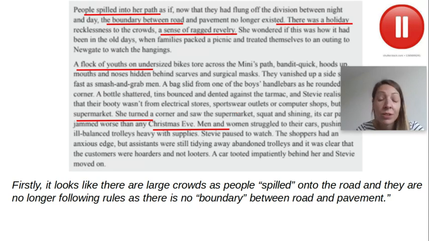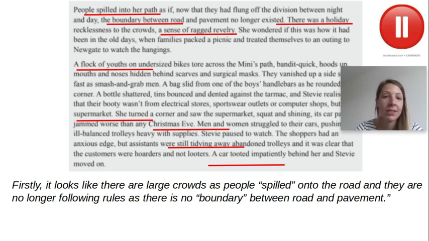She says that the supermarket is jammed worse than Christmas Eve, showing how busy it is and how chaotic. She talks about the assistants who are tidying away abandoned trolleys, again showing how chaotic the setting is. And a sense of busyness is implied here as well when we've got the car behind her tooting its horn. So 1, 2, 3, 4, 5, 6, 7, 8. I think there's about 9 things that you could have said there that built up a sense of setting. You might have spotted a few more things as well.